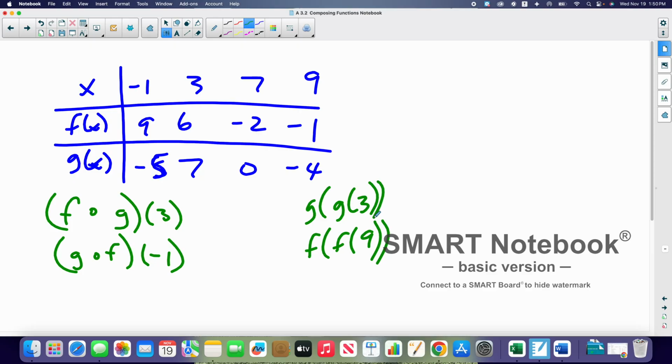No, it doesn't say that. It doesn't say that one is 7. I'm saying it's 6. Okay, I see where you went from. So you know that g of 3 is 7. So what you're doing is saying, let's plug this value into f of g.